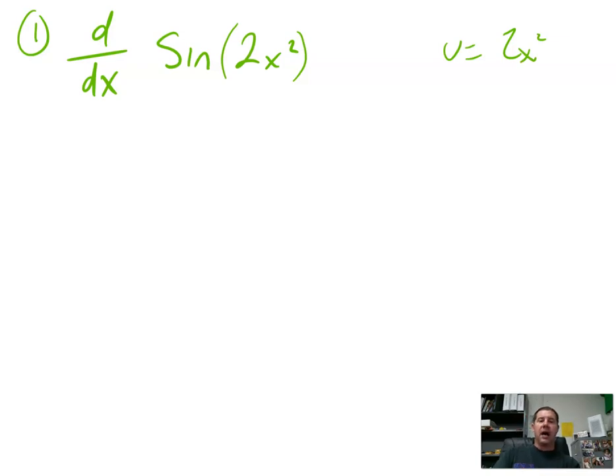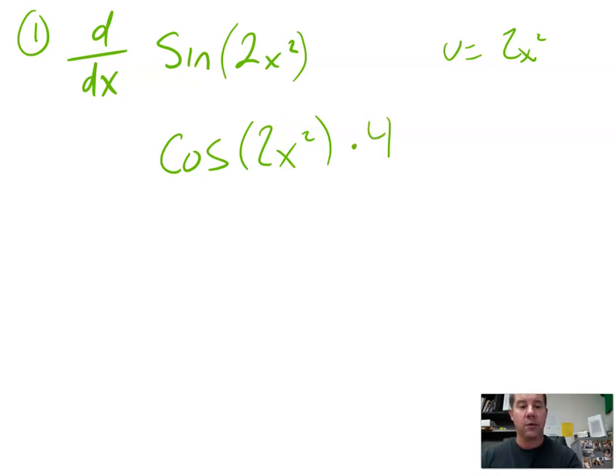All right? So if I can take the derivative of sine of 2x squared, well, the derivative of sine is cosine. And then again, this part stays the same, right? The inside stays the same. Cosine of u times u prime. So now I need to multiply this by the derivative of u. And the derivative of 2x squared is, or the derivative of the inside is, 4x.